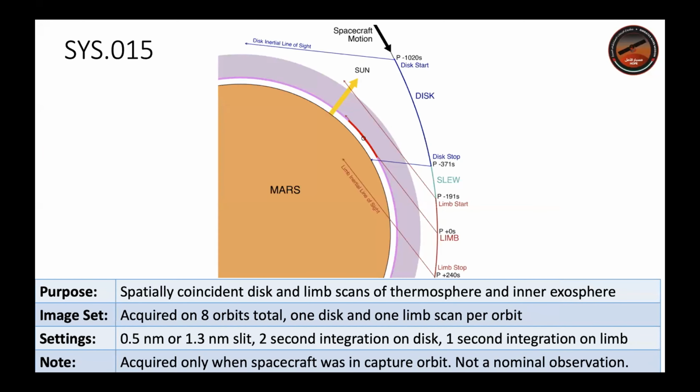One quick note is that in the data that's been released, we had some special data that we couldn't obtain in the nominal science orbit. These are some special observations we took in that transition orbit that Hessa mentioned. When we're in that transition orbit, we got within about 1,000 kilometers of the surface, much closer than the nominal science orbit, and so we were able to take some limb scans.